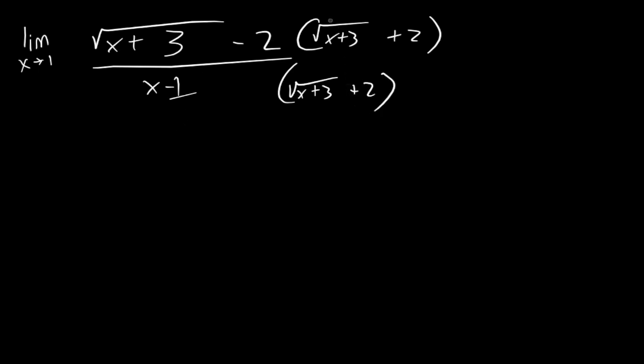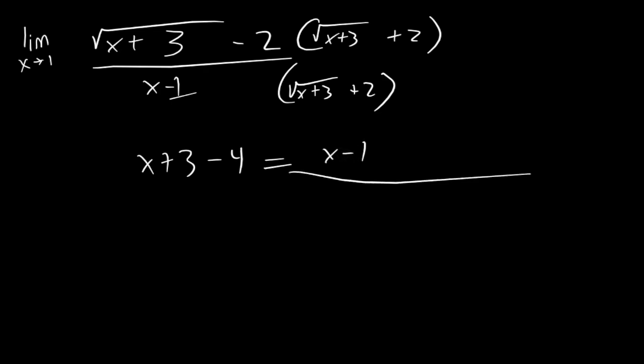And the radical signs cancel out, so it's just x plus 3. And then we have negative 2 multiplied by 2, which is equal to negative 4. And then if we simplify this, it's just going to be x minus 1 on the top.